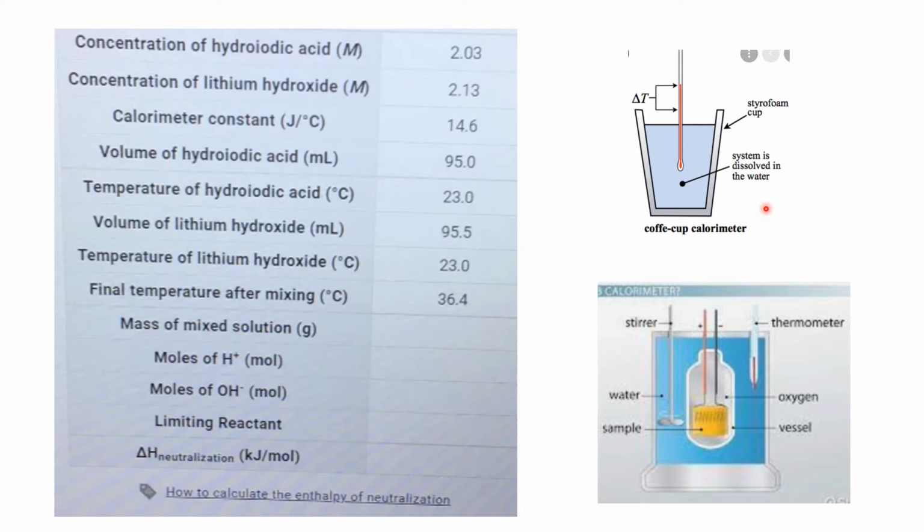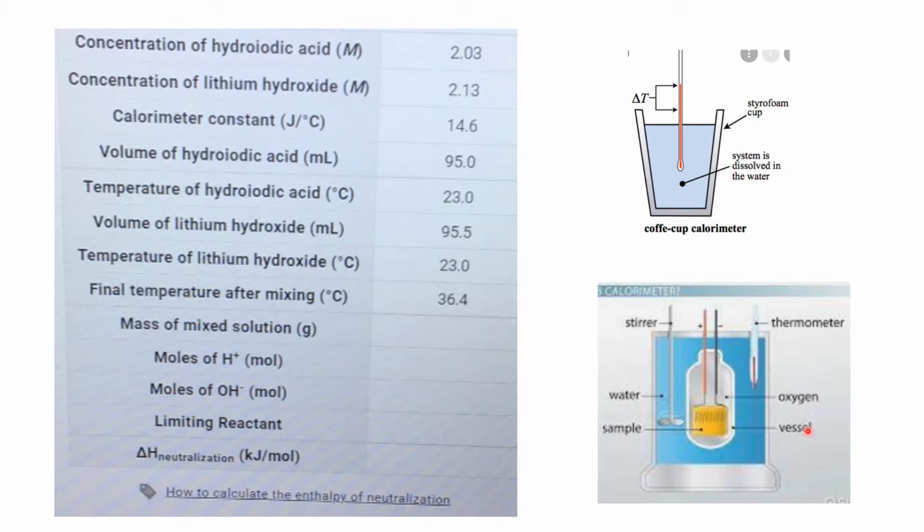But in this case, sinisimplify, it is assumed na negligible yung heat na na-absorb ng styrofoam. So, ang kino-consider kapag ganito lang ang setup is the heat absorbed by the mass of the reaction mixture.